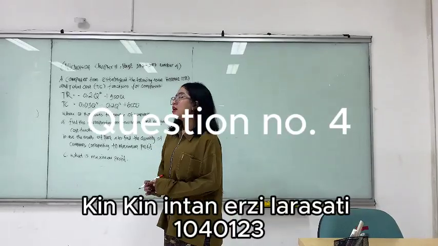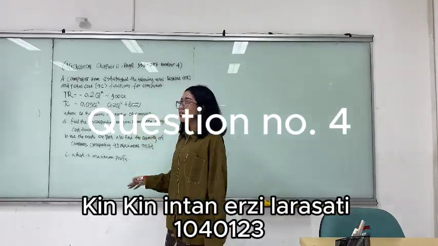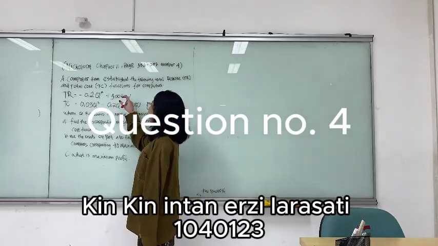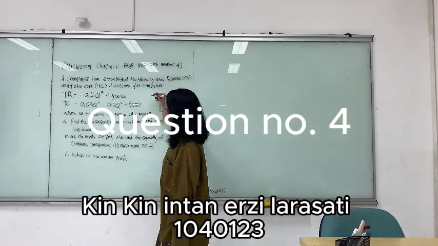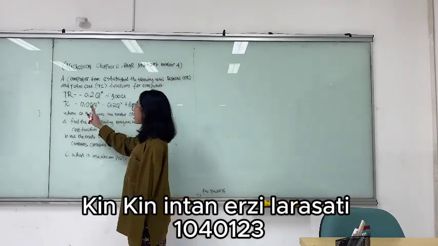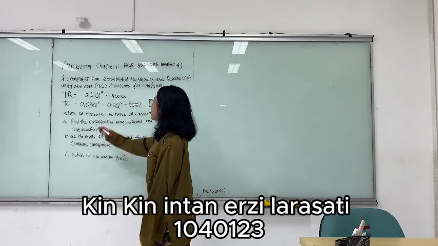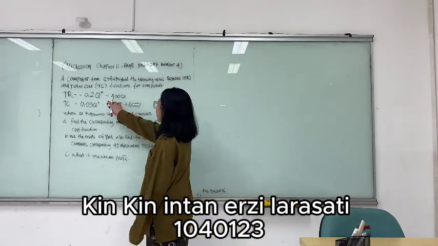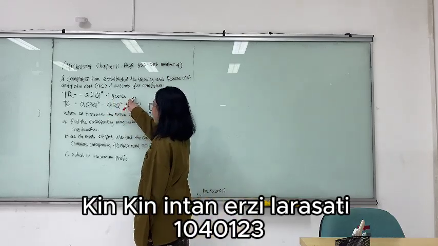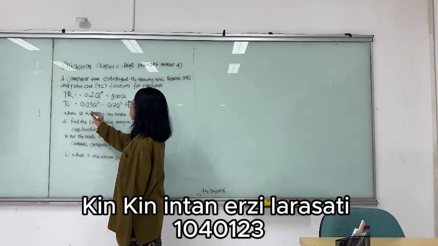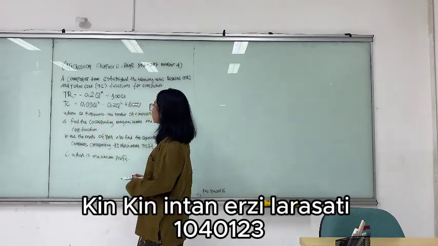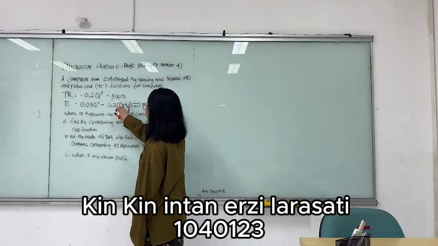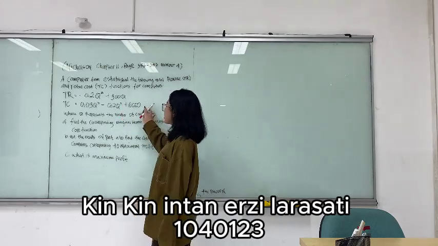Thank you. So the next question, number 4: a computer firm established the following total revenue and total cost functions for computers. TR is minus 0.2Q squared plus 900Q, and TC is 0.03Q cubed minus 0.2Q squared plus 6,000.